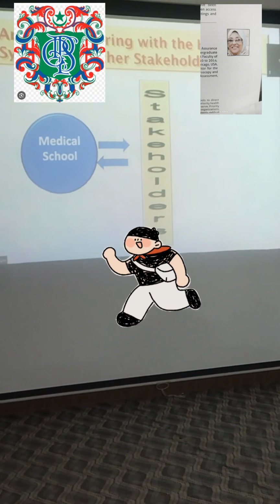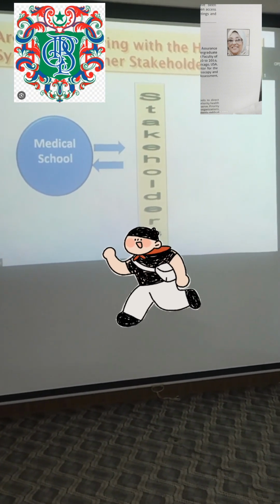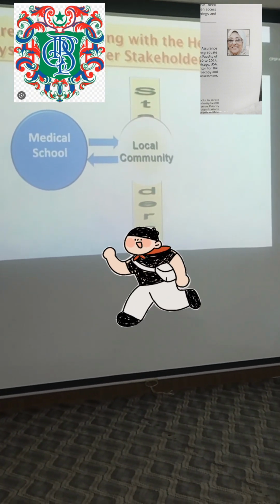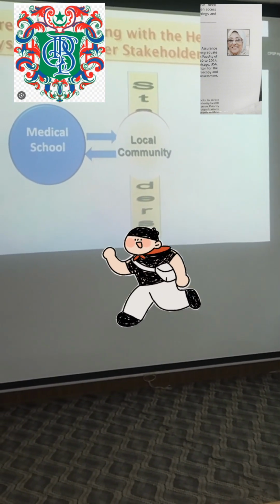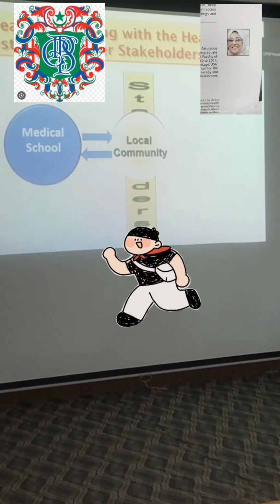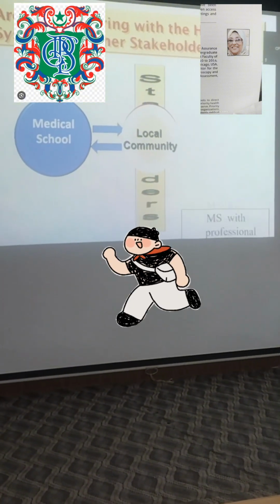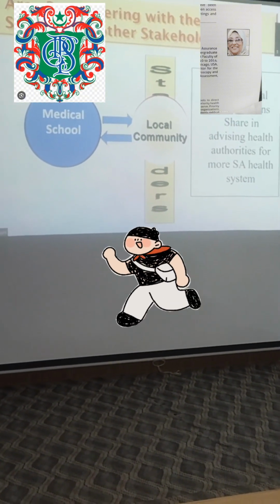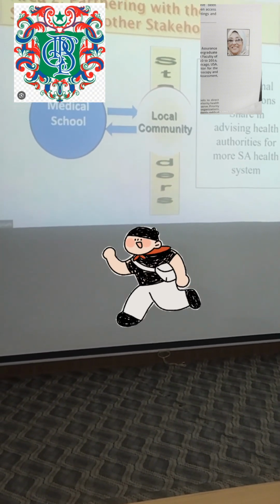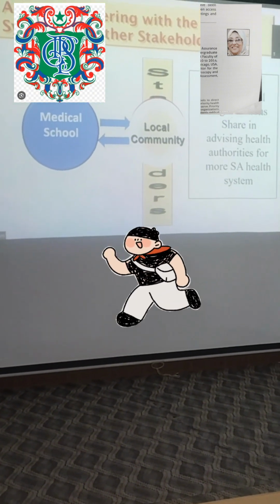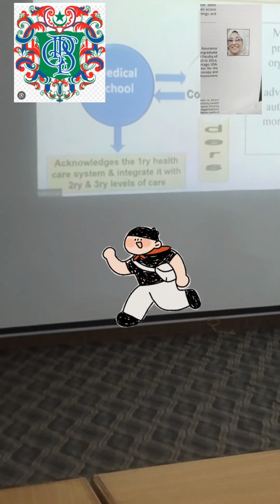Everyone involved in health should be a partner of the medical school. The most important partner is the local community. This is very important. And the medical school with the professional organizations should share in advising healthcare authorities for more social tertiary levels of care.